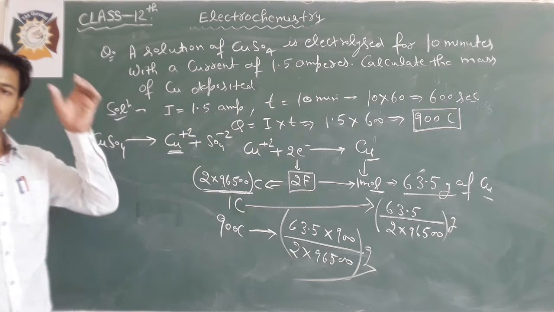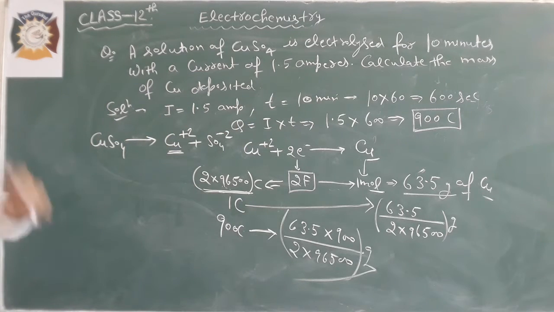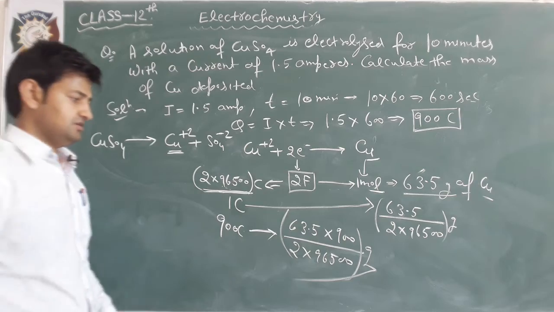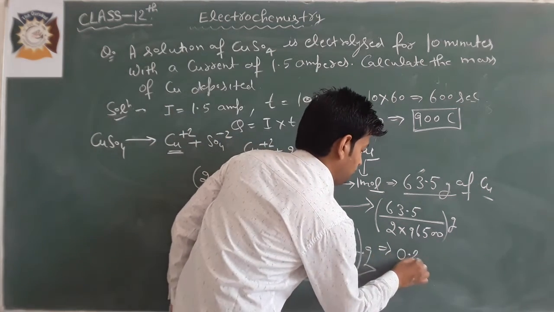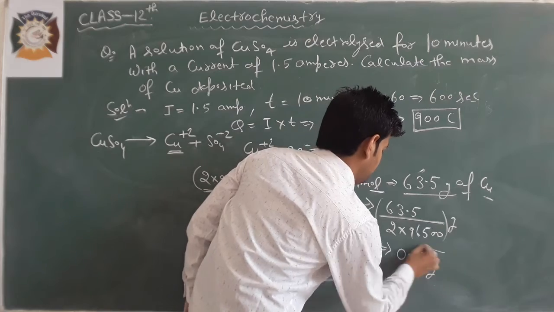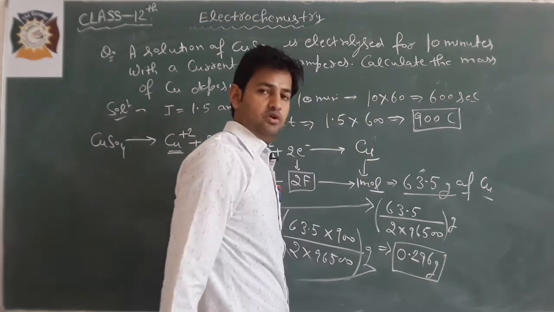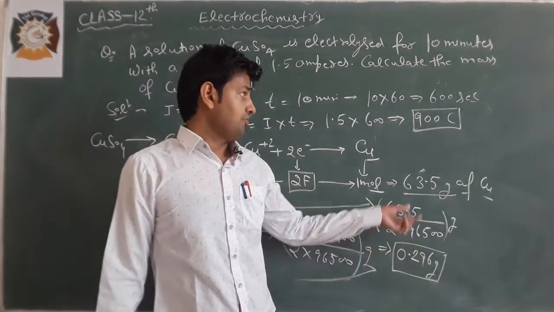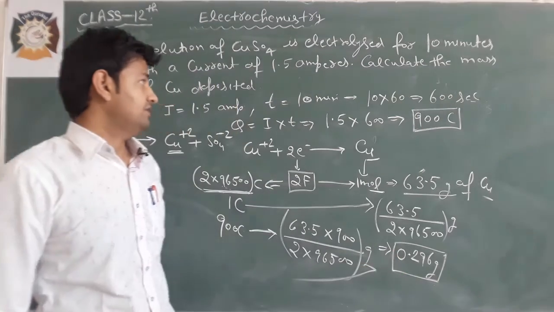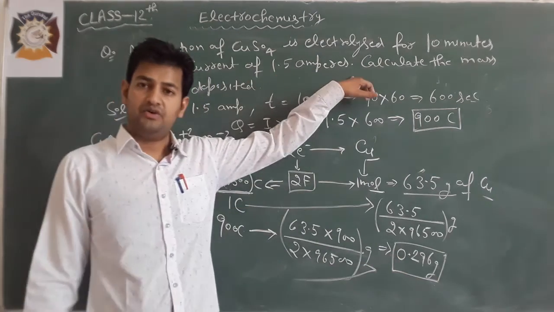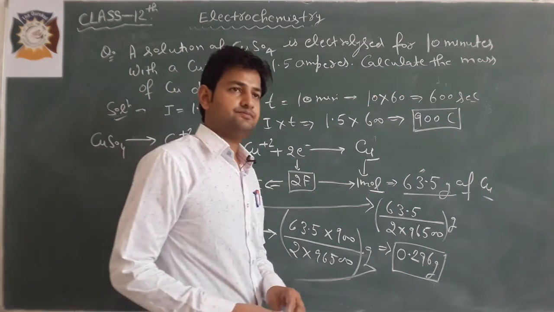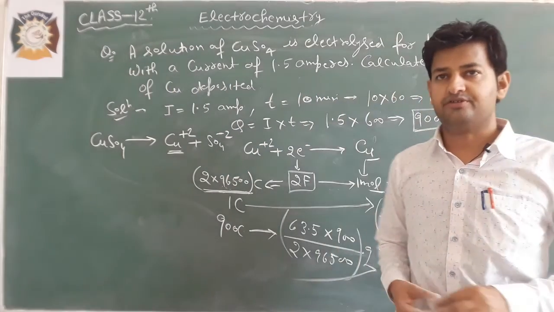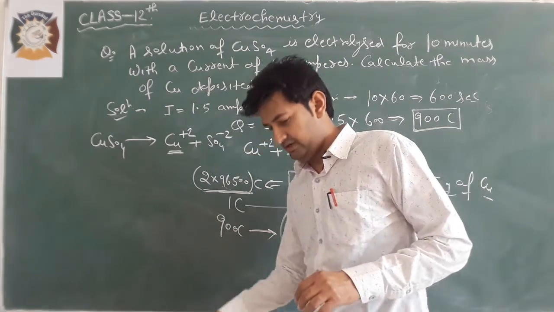When we solve, it comes out to be 0.296 gram. This is the amount of copper deposited when we pass 1.5 ampere current for 10 minutes. Such kinds of questions are asked in your exam.